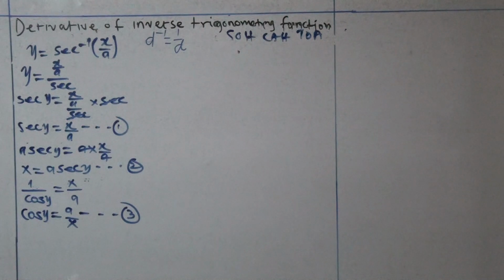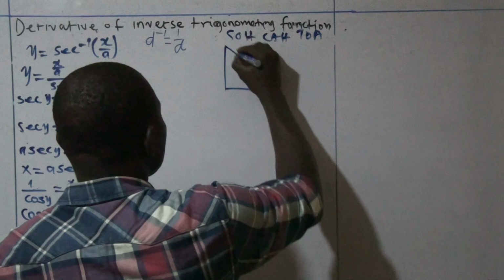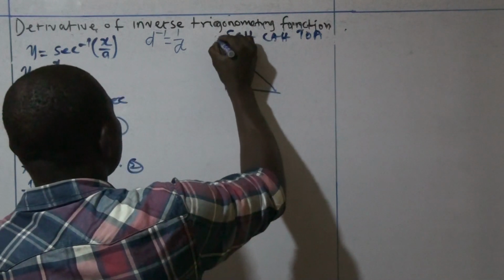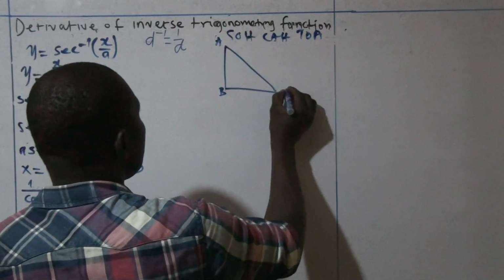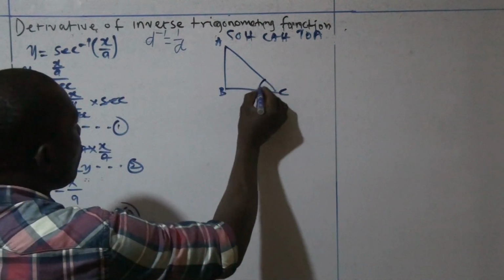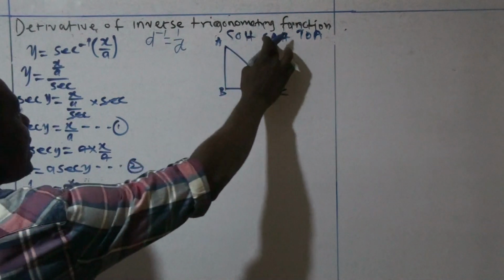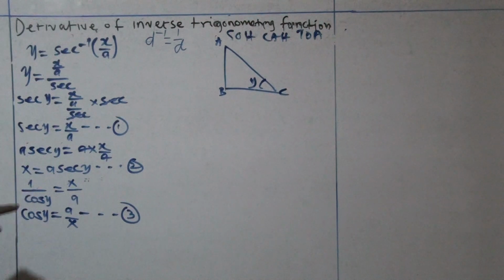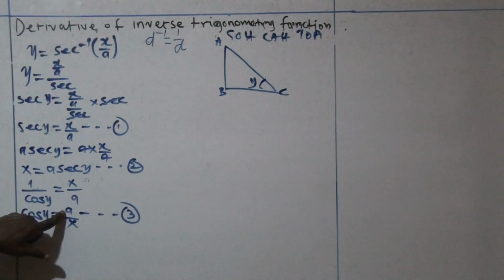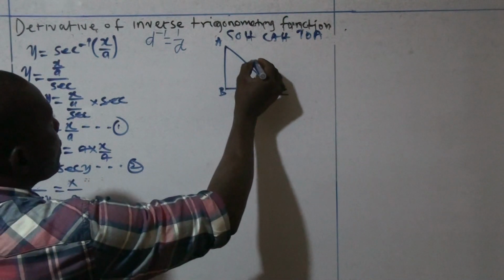Now let's go to our right angle triangle and establish this fact. This is triangle ABC, and this is our angle, for instance. Cos is adjacent over hypotenuse. The ratio of the adjacent, which is a, over the hypotenuse.